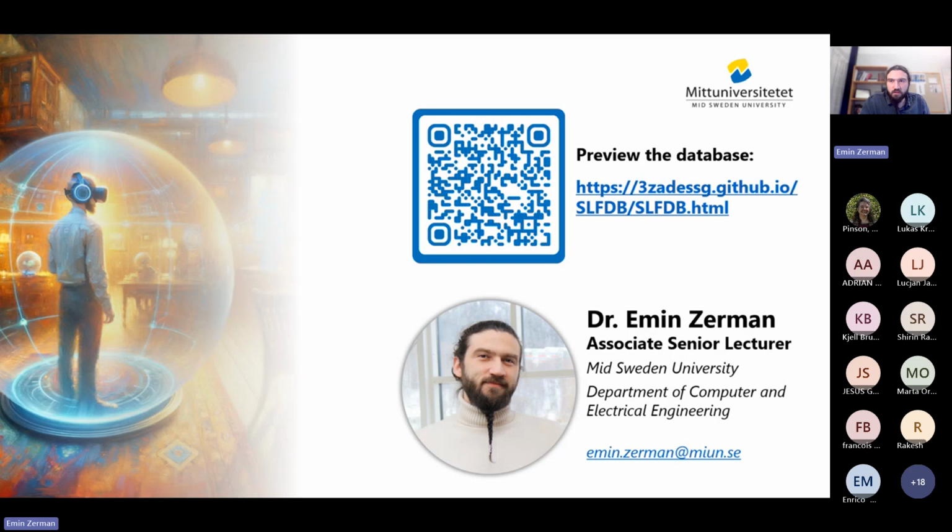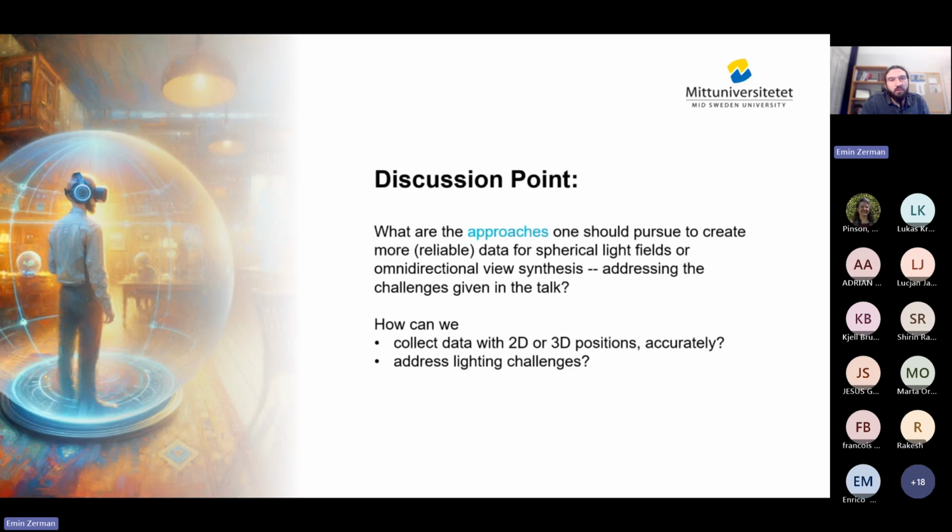And then I can also tie this to my discussion point. What are the approaches one should pursue to create reliable data or more data for spherical light fields or omnidirectional view synthesis, especially addressing the challenges given in the talk? So how can we collect data with accurate 3D positions or address the lighting challenges? So yeah, that's it from my side.